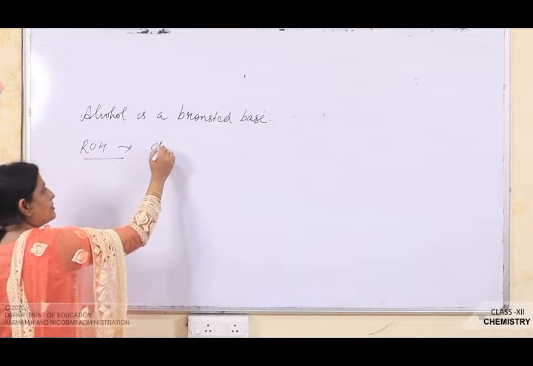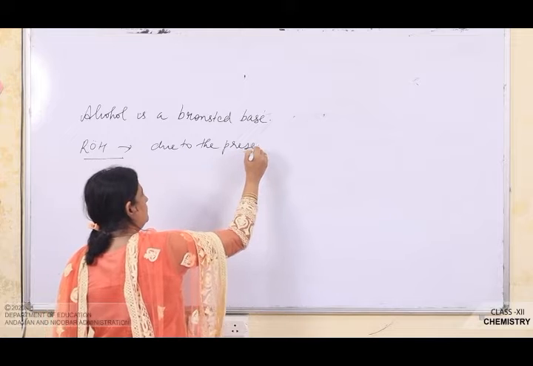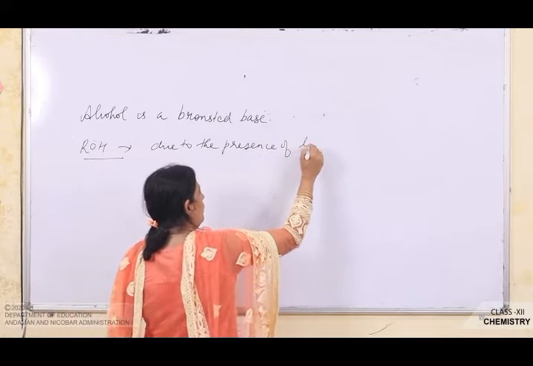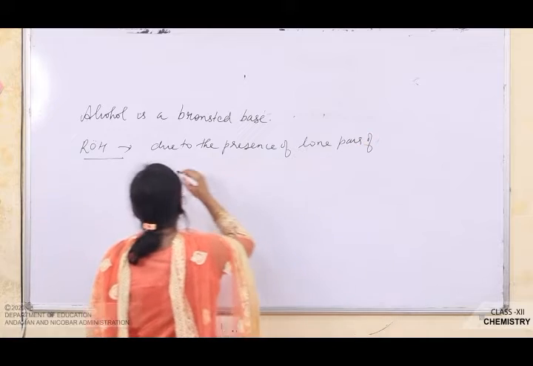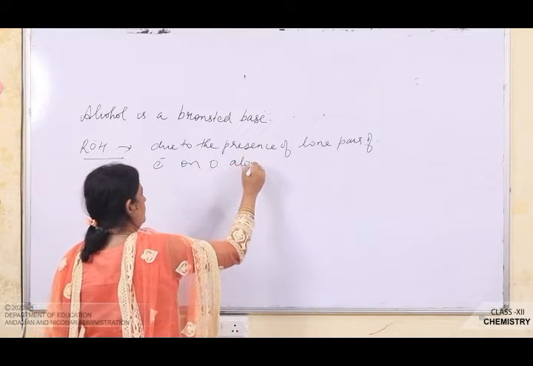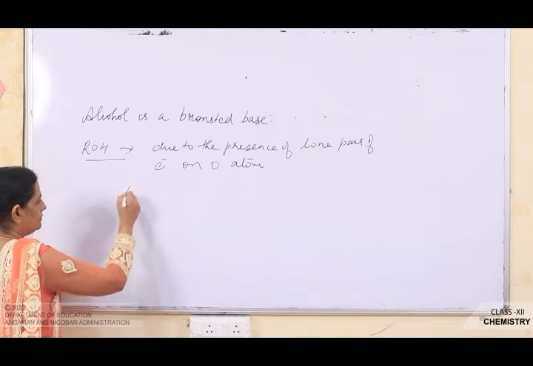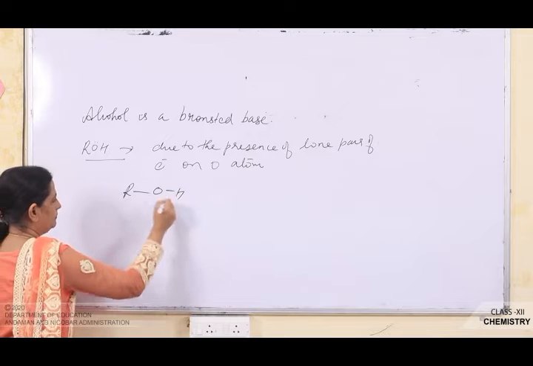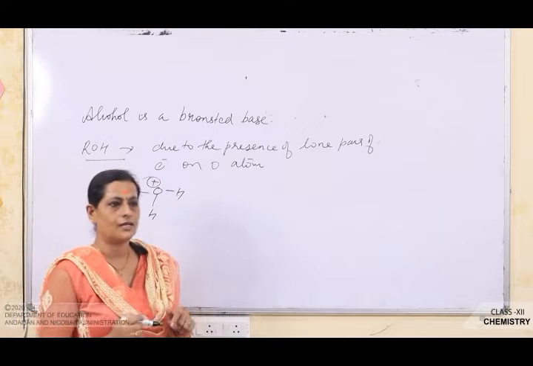Because of the presence of a lone pair of electrons on the oxygen atom, so it can easily accept a proton. So alcohol is a Bronsted base.